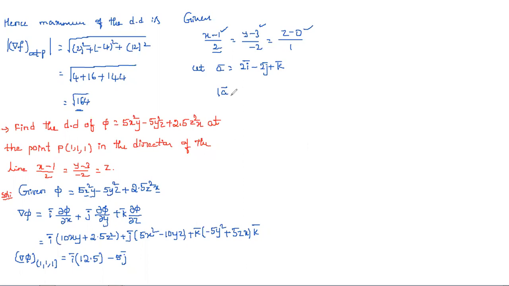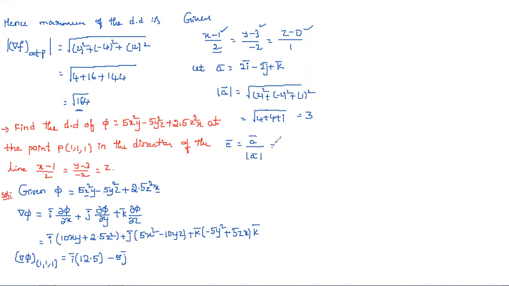Now the magnitude of this one is nothing but, a bar is equal to square root of 2 square plus minus 2 whole square plus 1 square. So simply what we'll get, 4 plus 4 plus 1, that is 9, nothing but 3. And now you can find the e bar. So e bar is equal to a bar by modulus a bar.